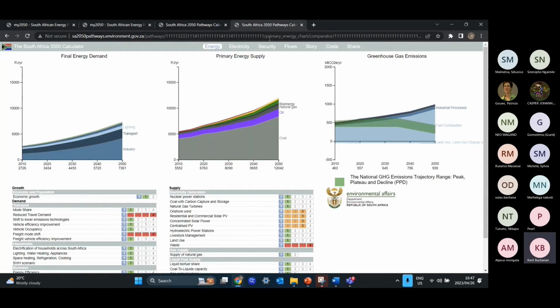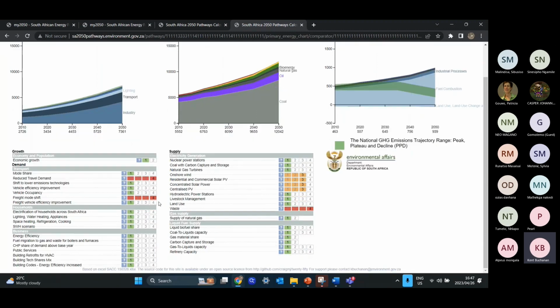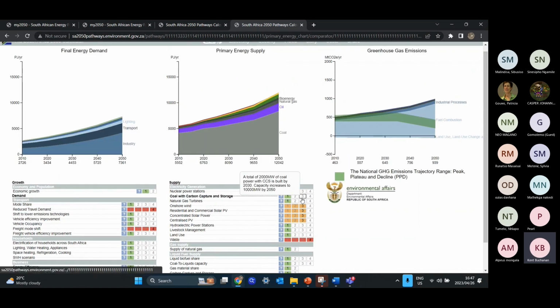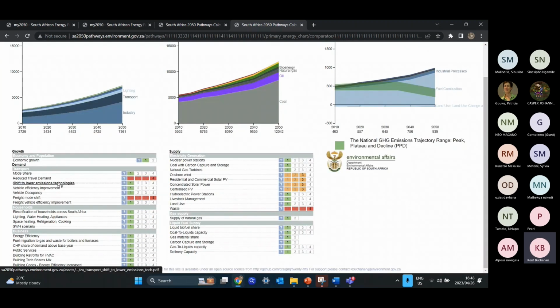This is based on this more complex calculator, which is the 2050 Pathways, which also looks to 2050. And there are a few more disaggregated options here, levers you can touch. You can select level 1, 2, 3, or 4, and there's a blurb that describes each lever, and it's broken up by energy sector, transport, industry, households, and the supply of fuels.